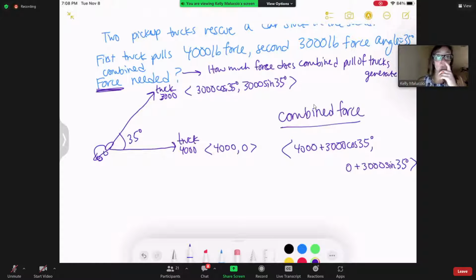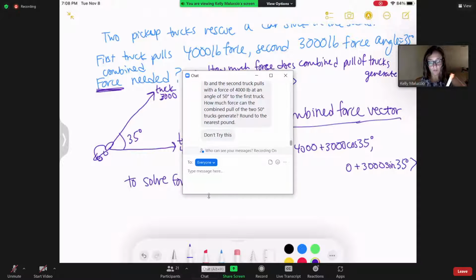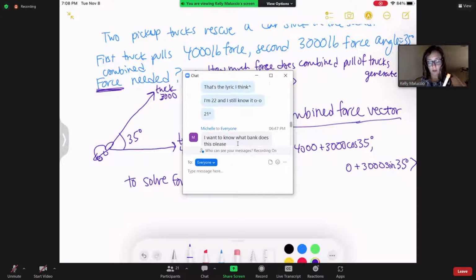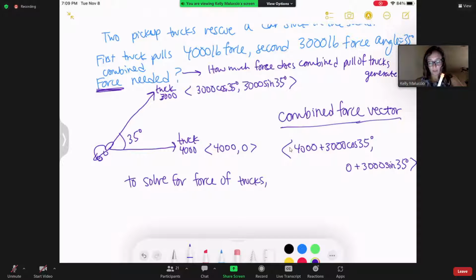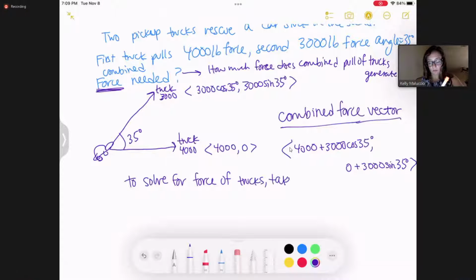Right, so what that means is we take the combined force vector, and to solve for the force of the trucks, we take the magnitude of our force vector, which is this combined force, right?